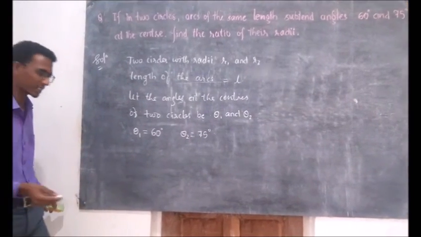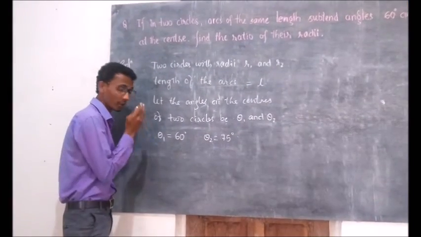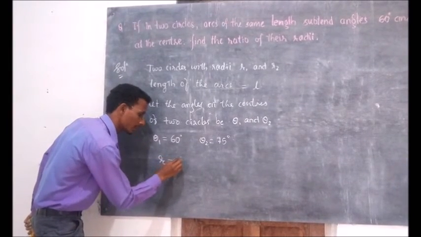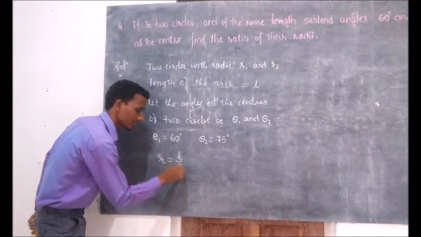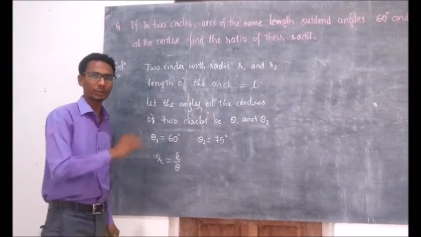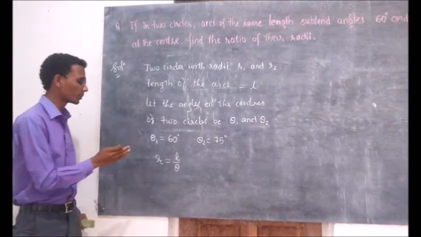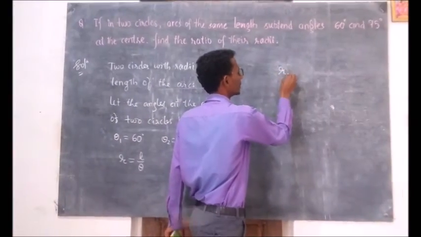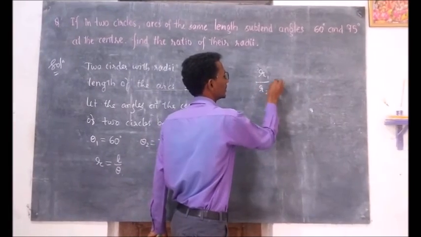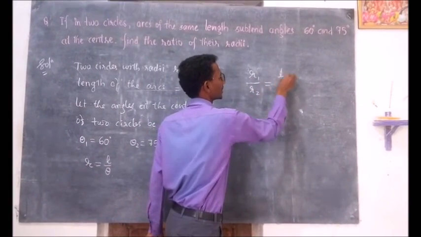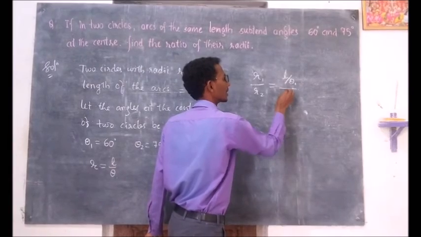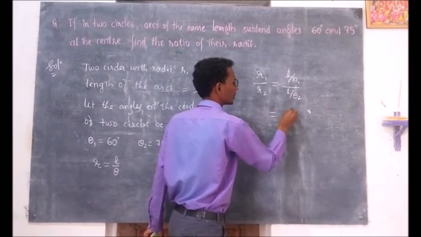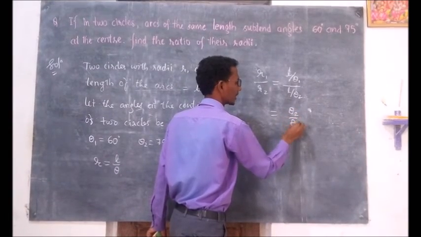So we have already studied the relation between the radius, length and theta, that is r is equal to L by theta. So simple, we want the ratio between the r1 and r2. So let's look into the r1 divided by r2, that is the L divided by theta 1, L divided by theta 2. So that's equal to theta 2 divided by theta 1.